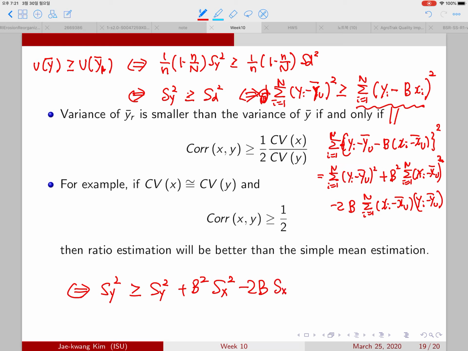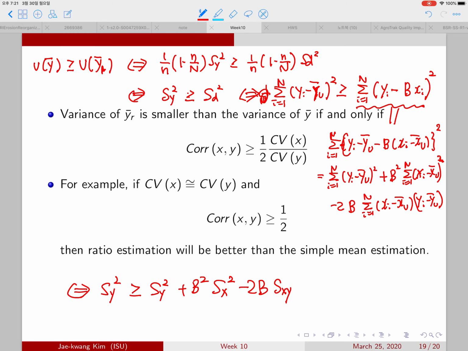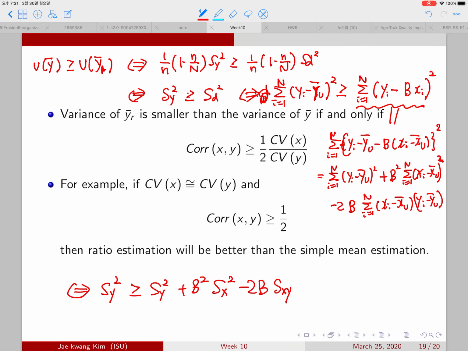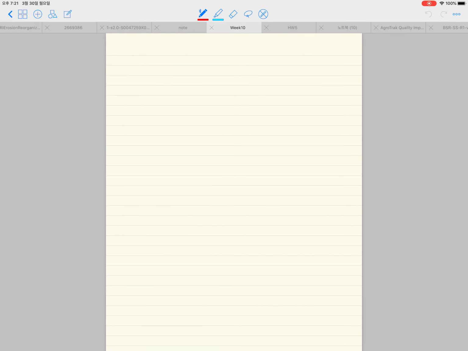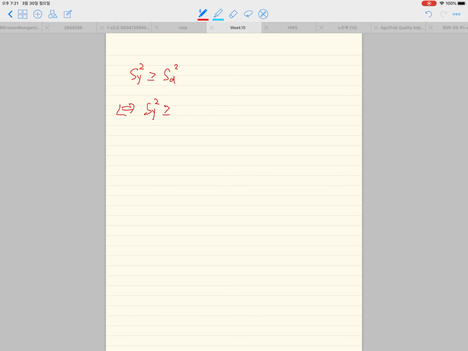Okay. I guess I will write it in the next page. You can check the detailed algebra actually in the script that I uploaded. But anyway, s_y square less than or equal to s_d square is equivalent to s_y square less than or equal to s_y square plus b square s_x square minus 2b s_xy.